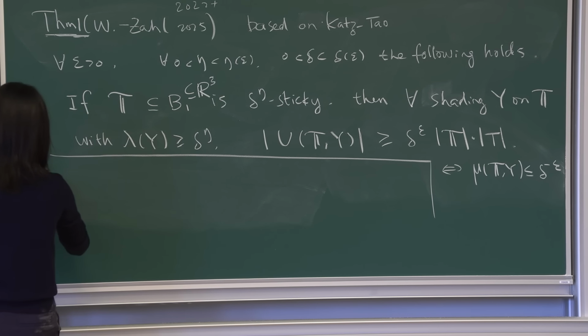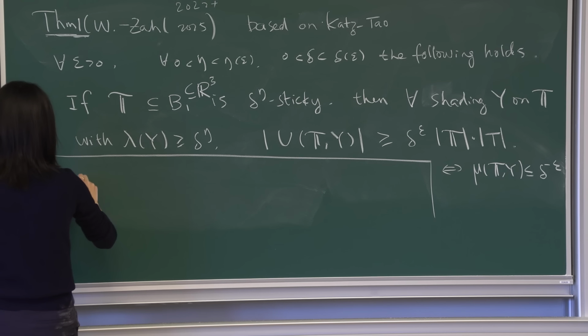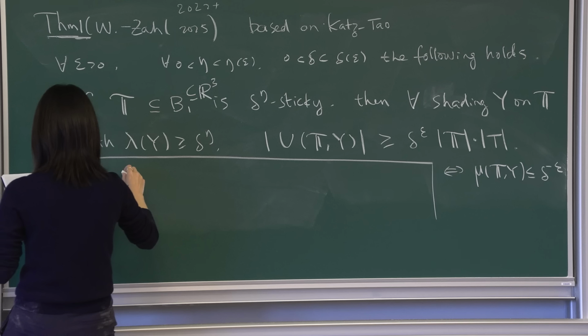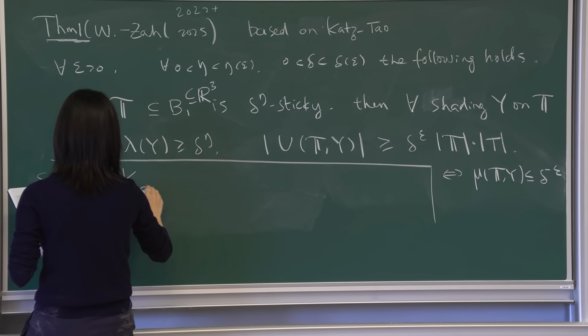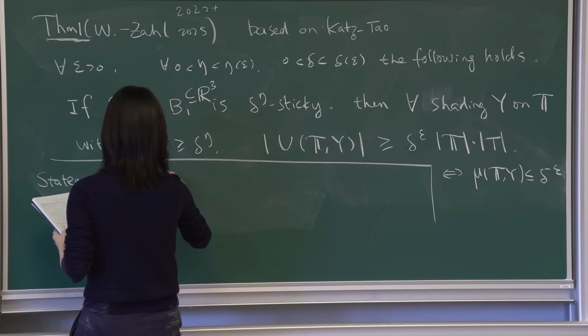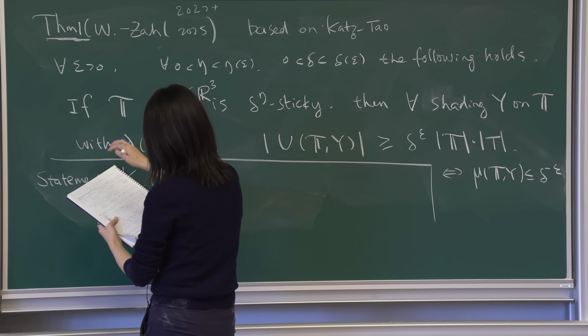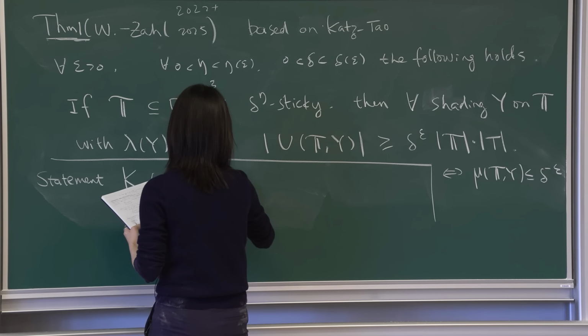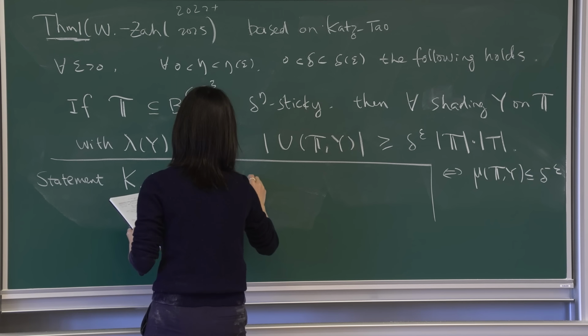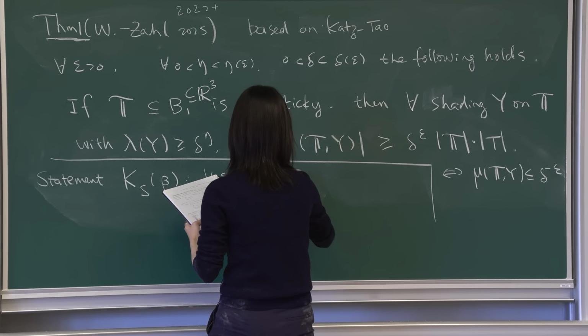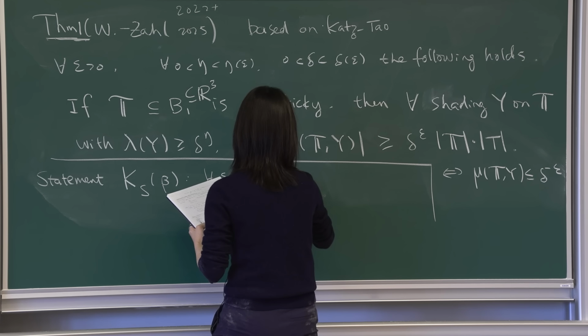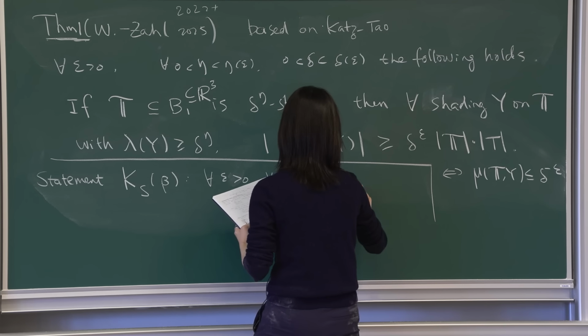So we say the statement, let's say K sticky beta, to mean the following. For any epsilon greater than 0, any eta between 0 and, now I need to add a beta here.